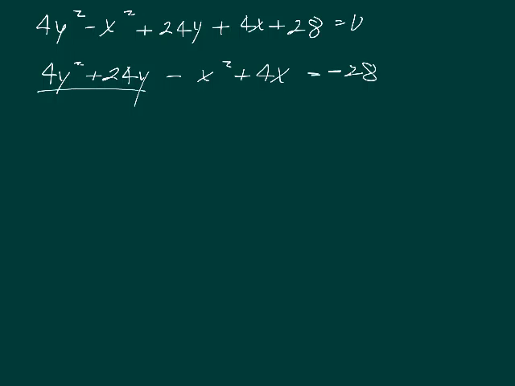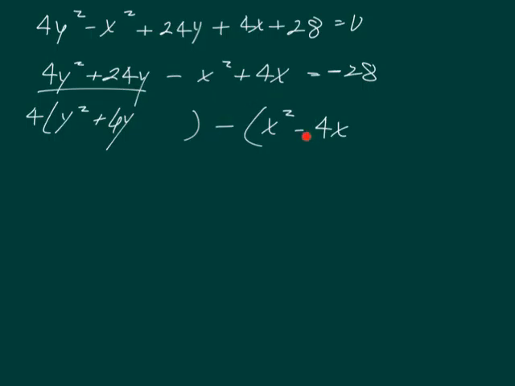We can't solve that using completing the square unless we get our coefficient out of there. So we do that, and then we'll leave a space there for our third term. And now we're going to put a minus, and we don't have to do anything with this one. We'll make that a minus 4x so that when we distribute this minus, that'll turn into a positive. And then we've got a space, and then we'll make it equal to negative 28.